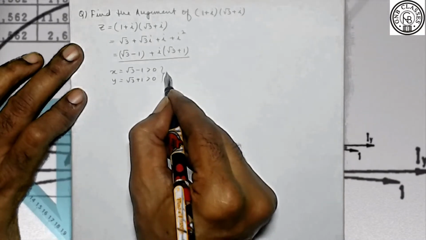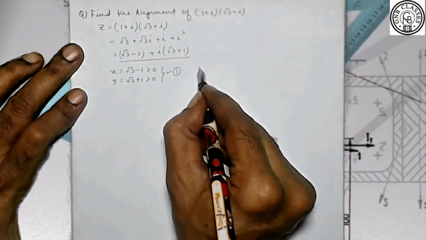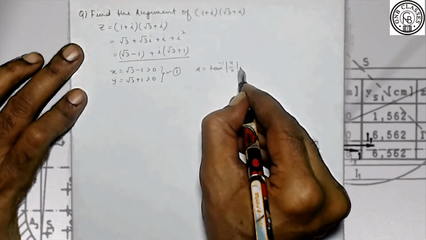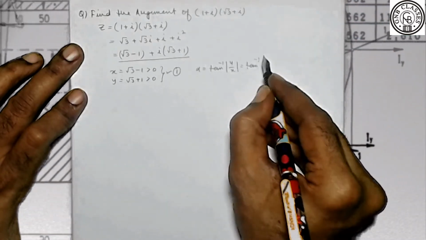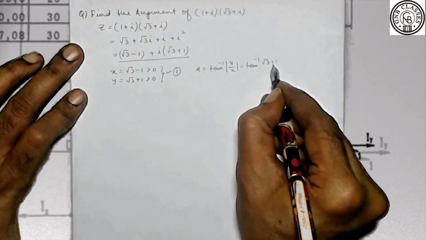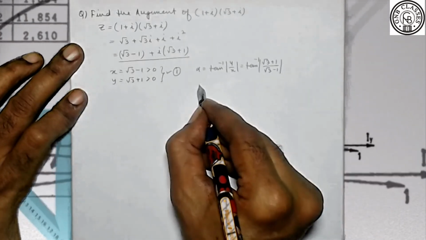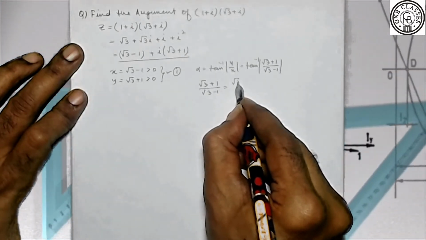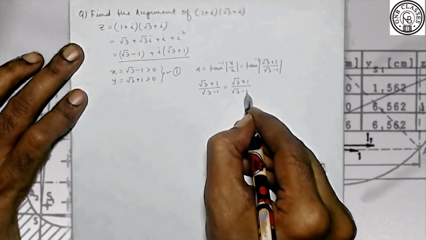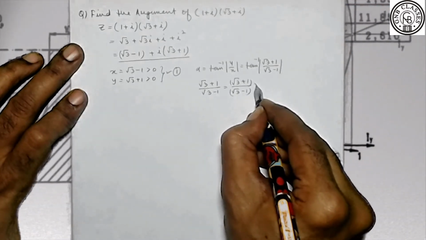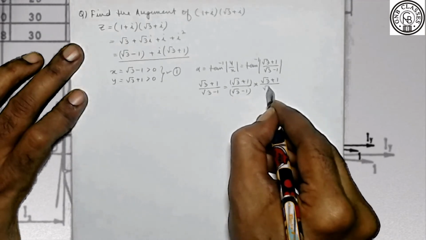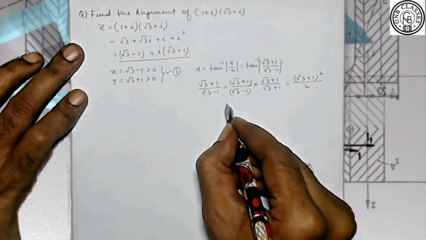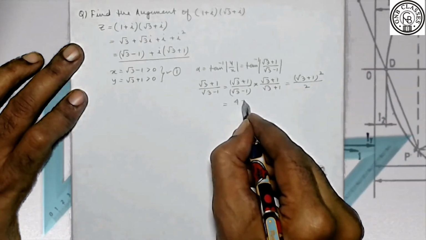That is, the point is lying in the first quadrant. So here, alpha is tan inverse y by x, which is nothing but tan inverse (root 3 plus 1) by (root 3 minus 1). Now, if I simplify, that is, if we rationalize numerator and denominator, so we are having, let me open the brackets.